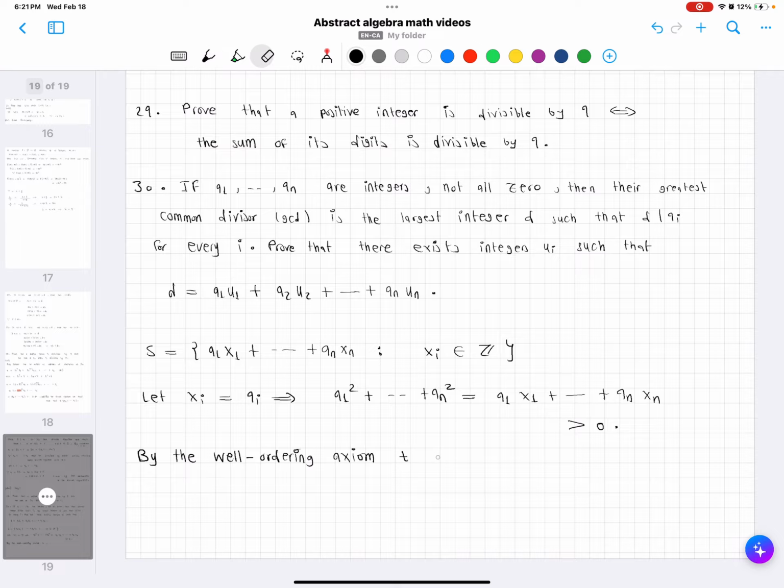Let T be the minimum positive element of S.